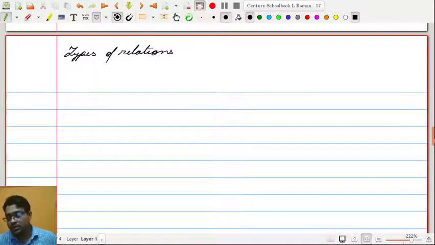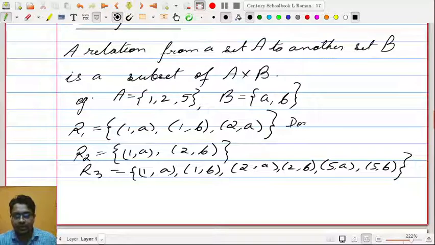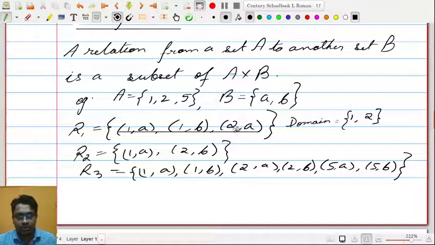Just before that, you may recall that in higher secondary we also covered the domain of a relation. For this relation R1, what is the domain? The domain is the set of all first elements. Here the first elements are 1, 2. And what is the codomain, or the range, of this relation?